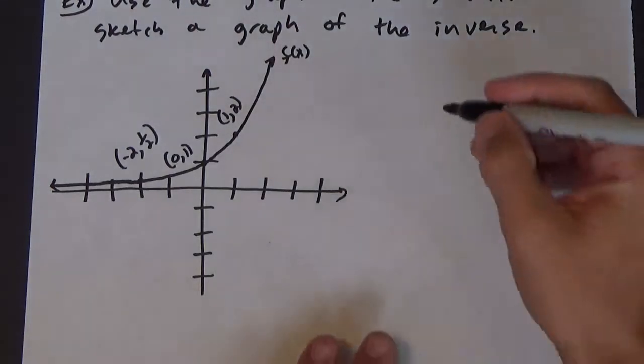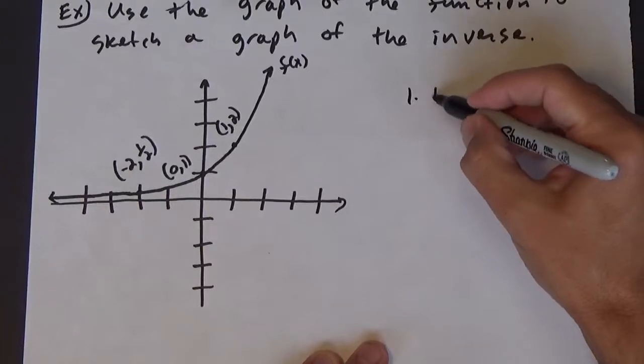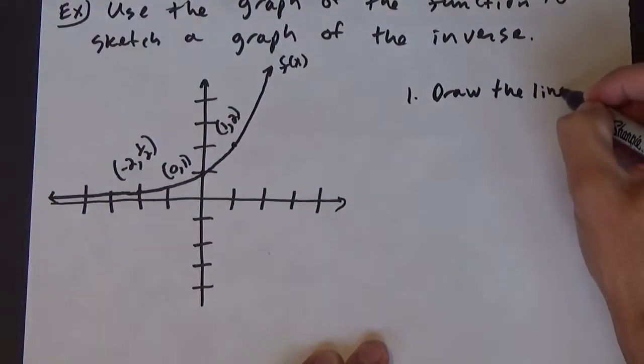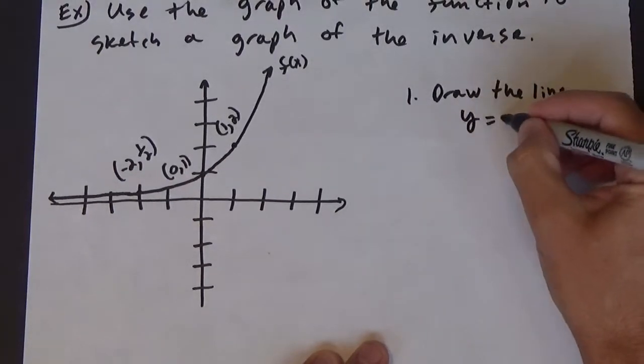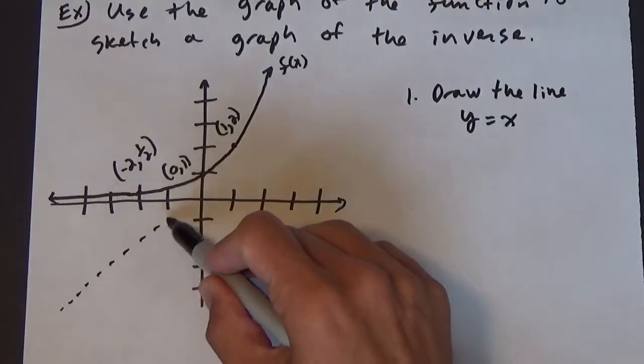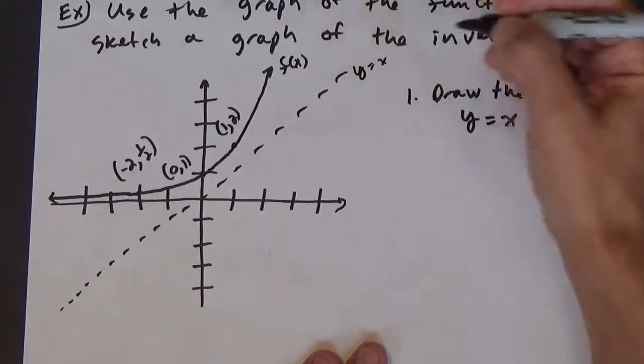It's pretty straightforward. Step 1, we're going to draw the line y equals x. So we're going to dot that in. There we go, y equals x.